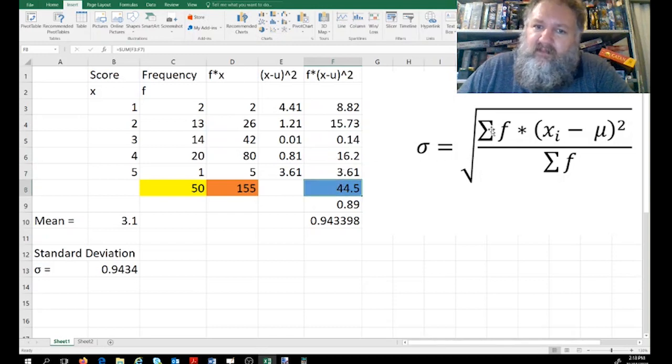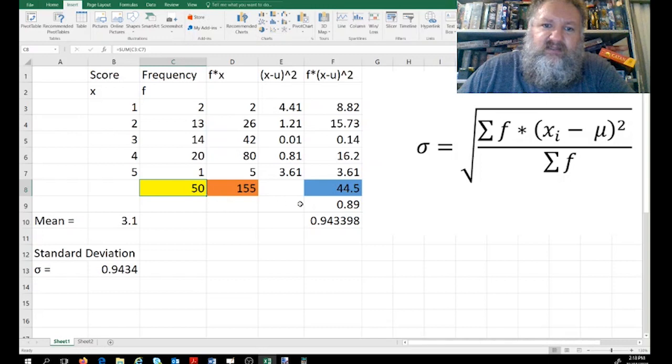That's what this epsilon at the front here means. This funny symbol means that you sum or add up the frequency multiplied by the difference in the mean and the score squared. Okay, we did that. Then what we need to do is we divide the whole thing, all of this number here, this 44.5, by the sum of the frequency, which is this yellow number over here.